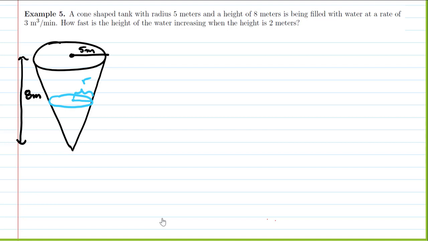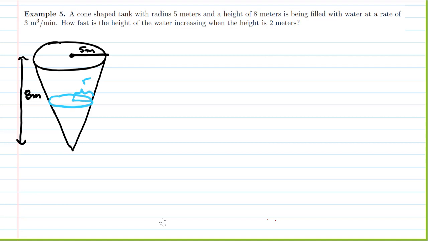So when you first start pouring water in the bottom of that cone, it's going to fill up very, very fast. But the wider the cone gets, the more water it's going to take to fill it up, right? So we're going to have to figure out some information about this situation.